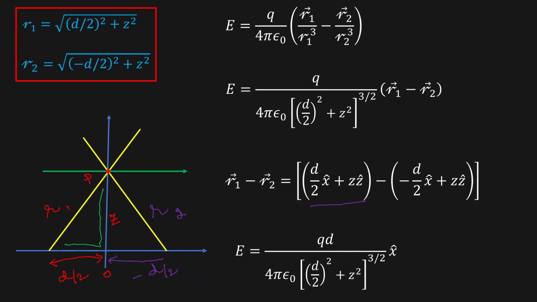If you add, this is t by 2 along x direction, and this is z along z direction, that is z cap. Similarly, for script R2, to reach the origin you have to subtract t by 2, so you have to add both: minus t over 2 along x direction plus z along z direction. Now you have to add these two.